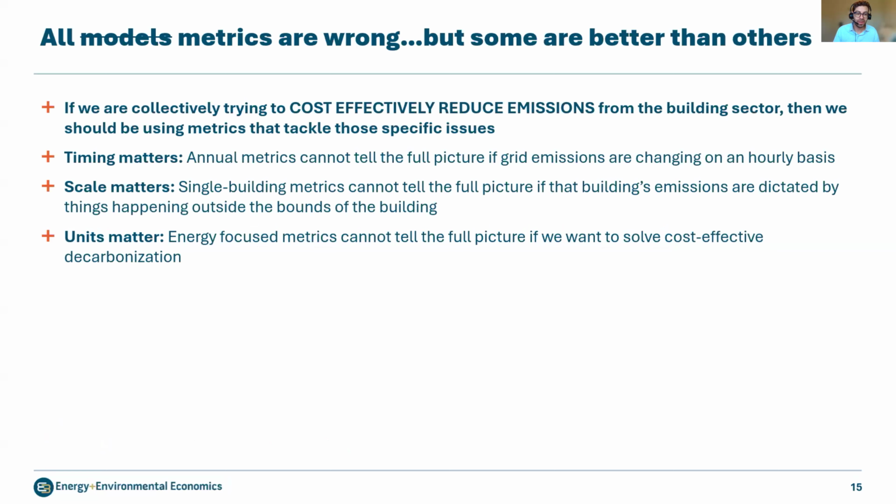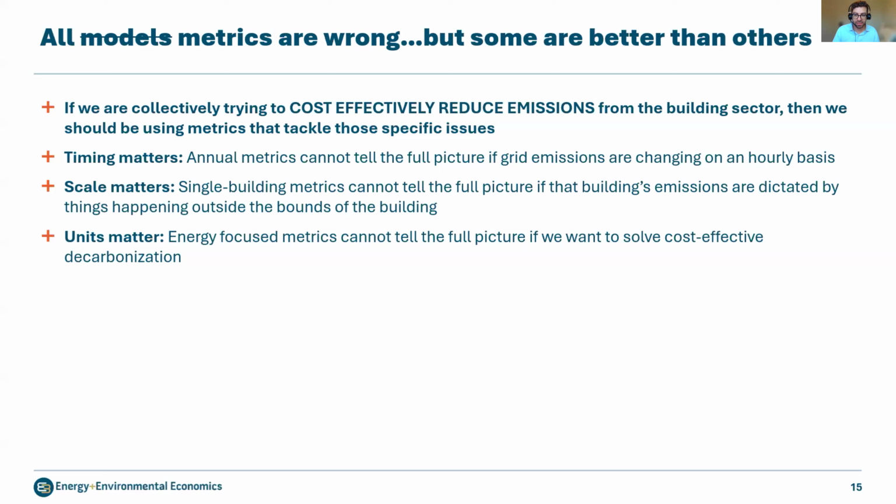So from the work that I do, we often talk about reducing emissions or cutting GHG emissions and doing it cost effectively. And so if, as an industry, we are trying to collectively cost effectively reduce emissions from the building sector, then we should also be thinking about metrics that can tackle that question from different perspectives.